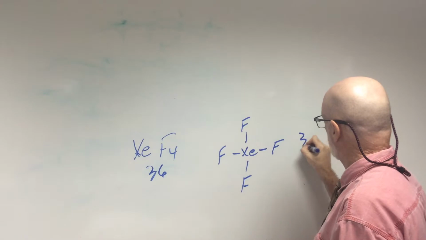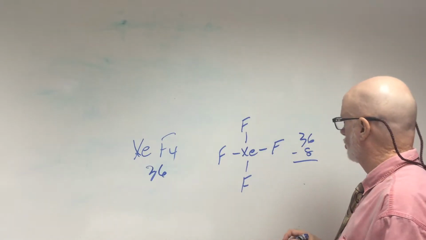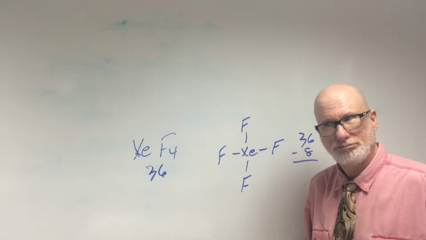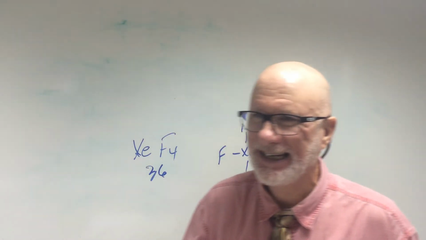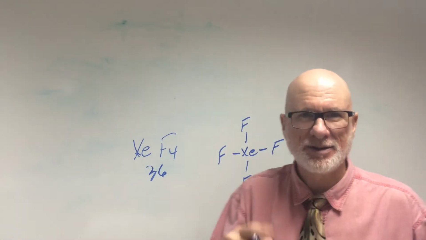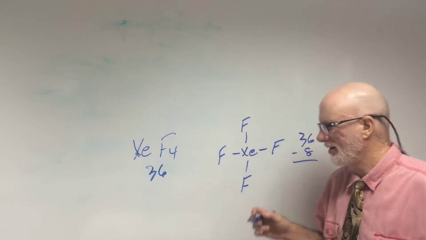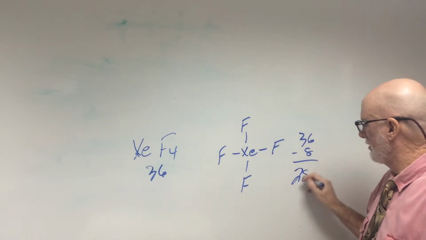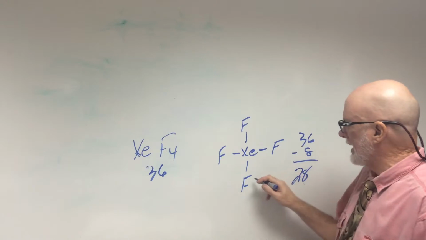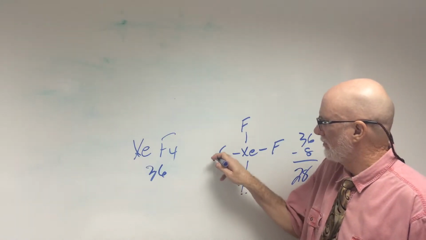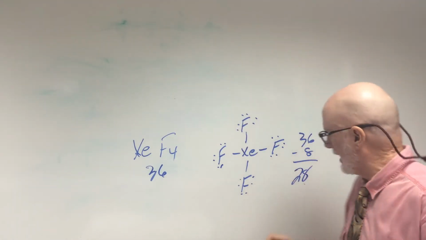So now 36 minus 8 is what? 28, right? Now I want to put 6 around each of these, right? 6 times 4 is 24, right?